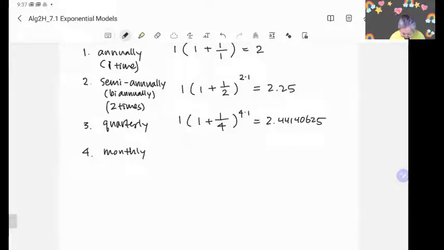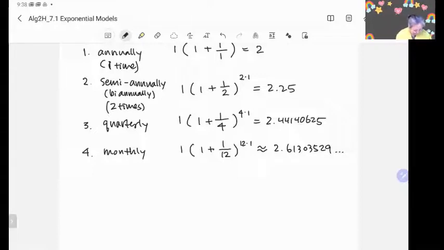That means principal $1, formula 1, and then 100% of rate over 12, raised to the power of 12 times 1 year. Then the approximation will be 2.61303529 and so on.